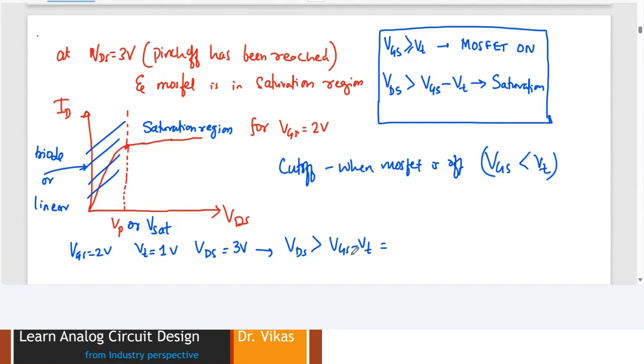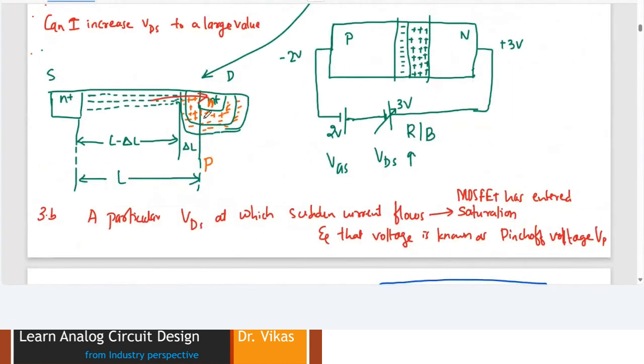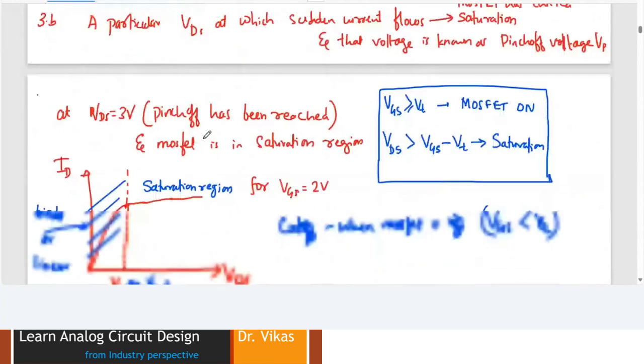VDS is 3 volt, VGS is 2, VT is 1, so definitely this is going to get satisfied. That means the MOSFET is in its saturation. So to identify when exactly the MOSFET enters into saturation, or when this entire pinch off scenario happens, the conditions are there.